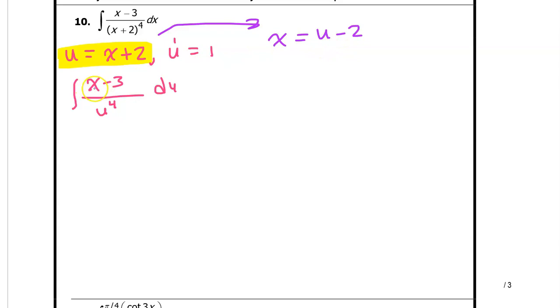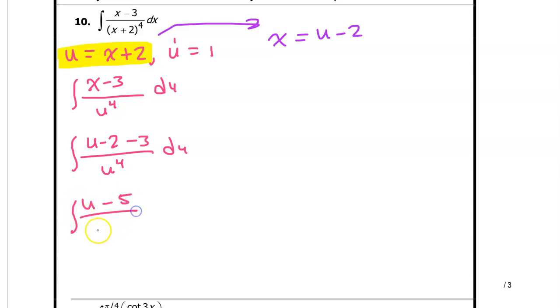We can get rid of the x now by replacing x with u minus 2. That gives us the integral of u minus 2 and then minus 3 over u to the 4th power du. Combining like terms, we have the integral of u minus 5 over u to the 4th power du.